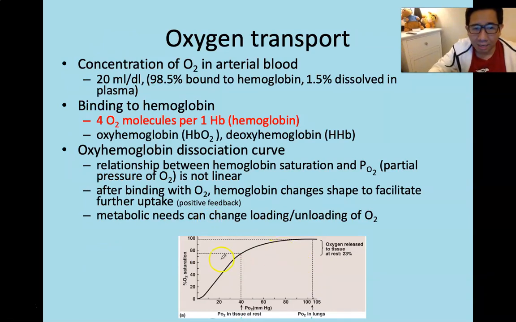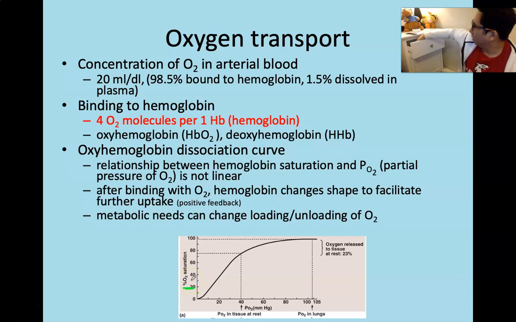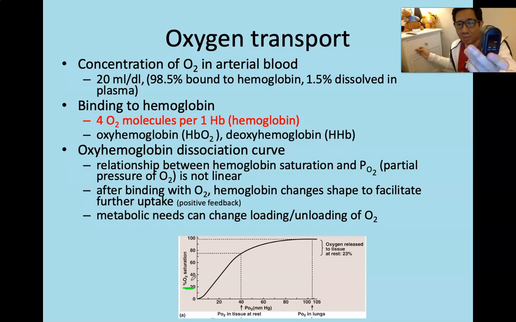Okay, so this is something you do need to know. This is what we call the hemoglobin curve. On this side is the pulse ox, which is the percent of oxygen in your blood. If you ever use one of these, this is the pulse ox machine.